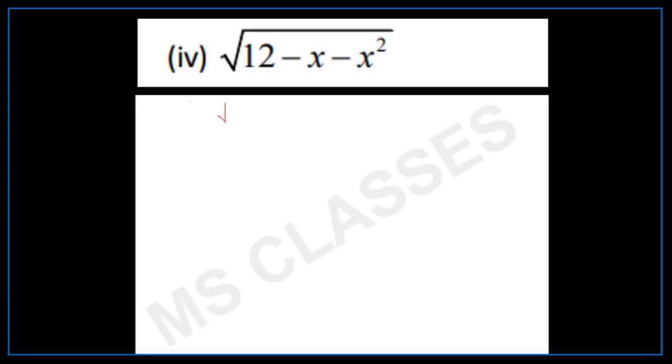Under root of 12 minus x minus x squared. Let us consider this function as f(x) and we write f(x) equals under root of 12 minus x minus x squared.